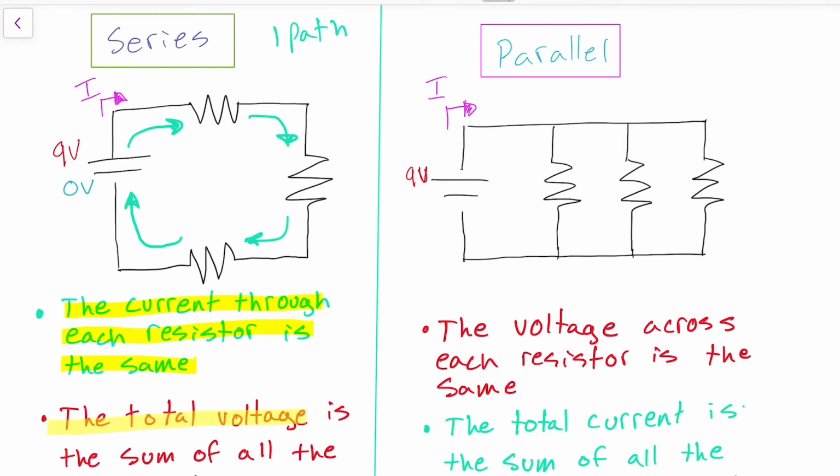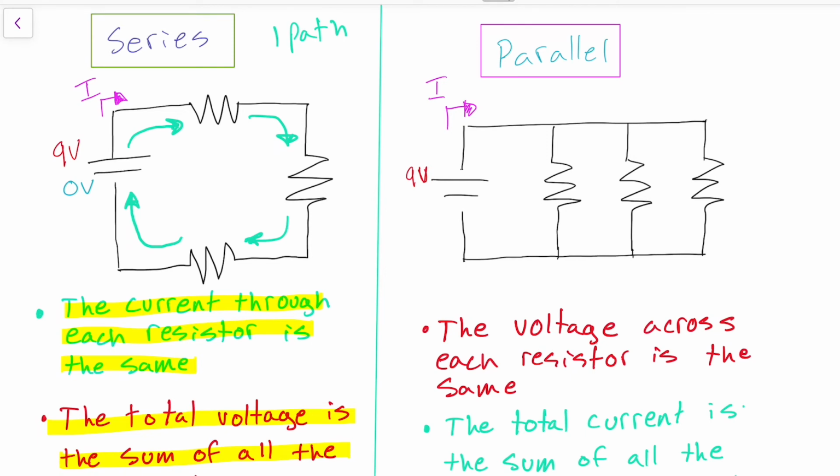The total voltage in this circuit is the sum of all the voltage drops across the resistors. Well, what's a voltage drop? Remember in our analogy that we had $9 to spend, and we had to spend the entire $9 before we got back home. It could be $3 in each toll booth.